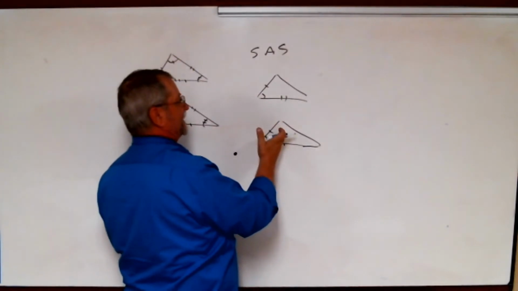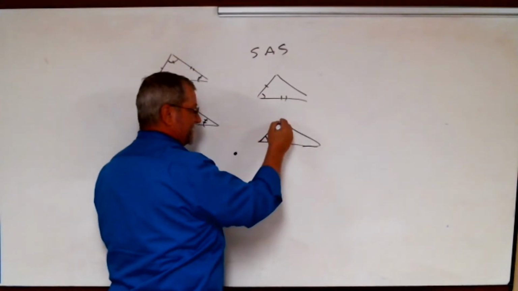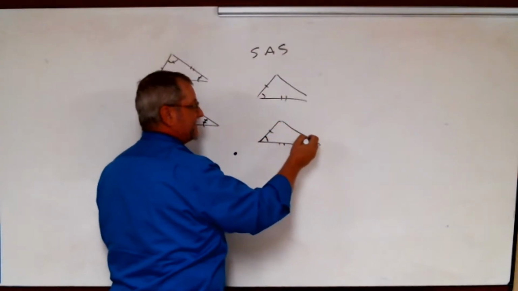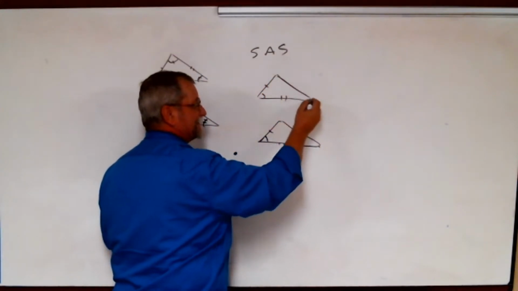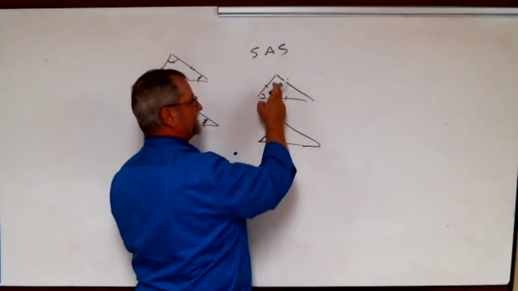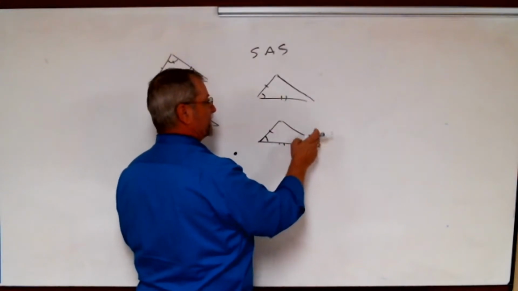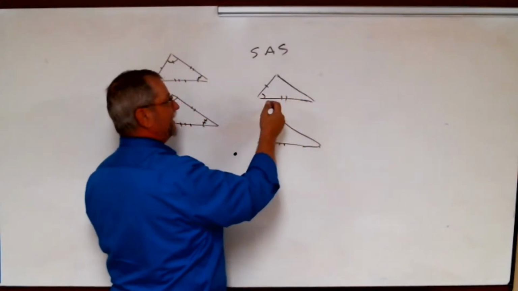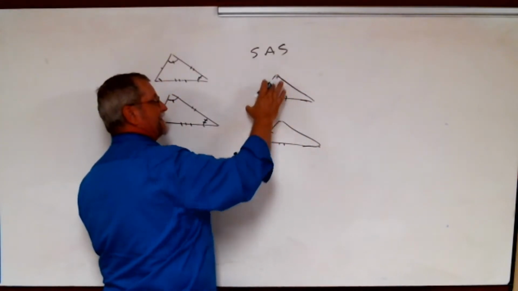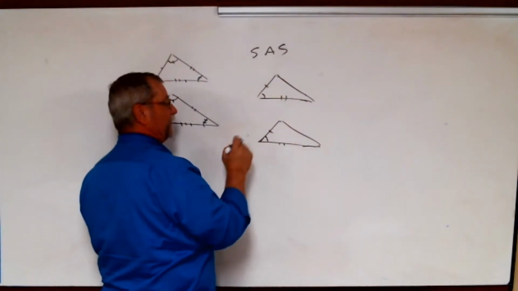If I have this length and I have this angle and this length, when this side goes on, it has to match this side. There's no choice. And the angle that it forms has to be the same there, and the angle that it forms here has to be the same here. Because this is a set length, this is a set length. Set side, and the angles are the same.